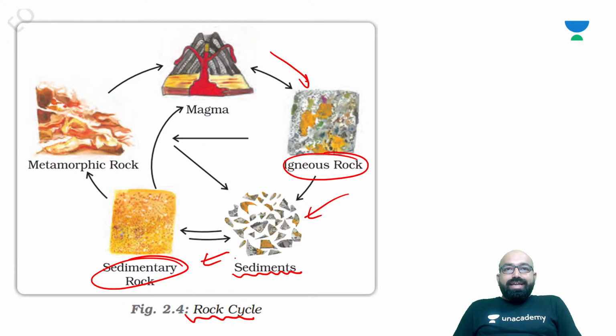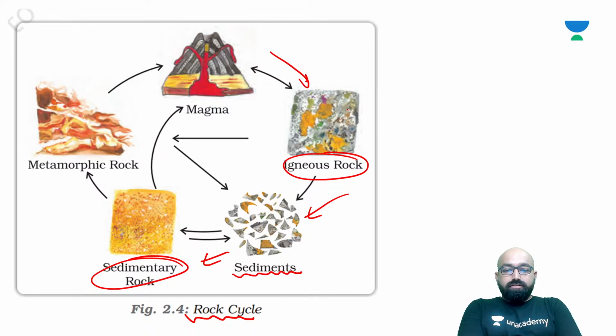When the igneous and sedimentary rocks are subject to heat and pressure, they change into metamorphic rocks, and the metamorphic rocks, which are still under great heat and pressure, melt down to form molten magma. The molten magma again can cool down and solidify into igneous rocks. So this is the rock cycle.